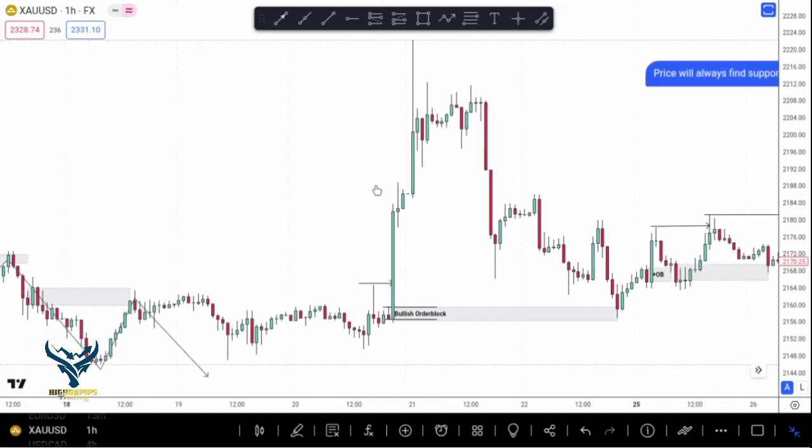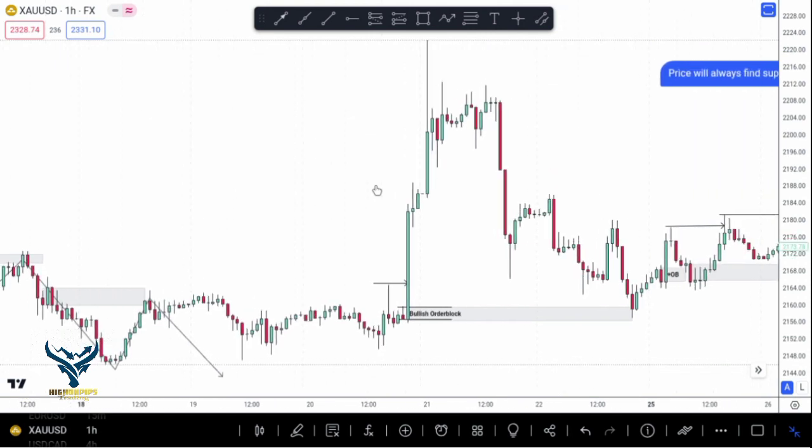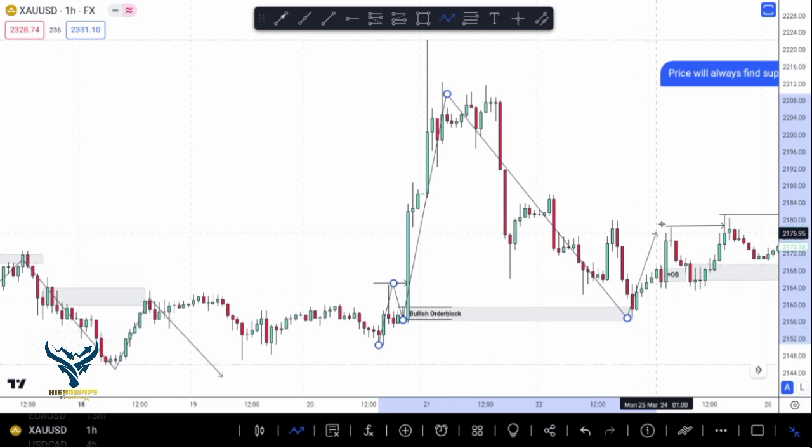Here is a bullish market structure. The market started here. It came here, came down here, it went all the way up, came down here, like this.